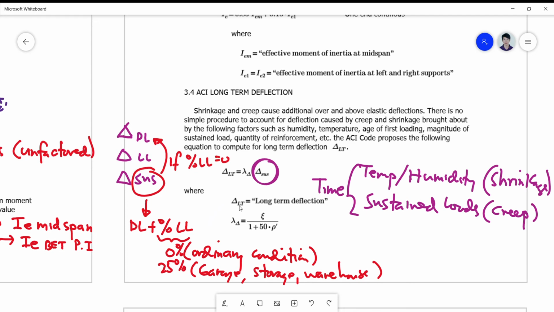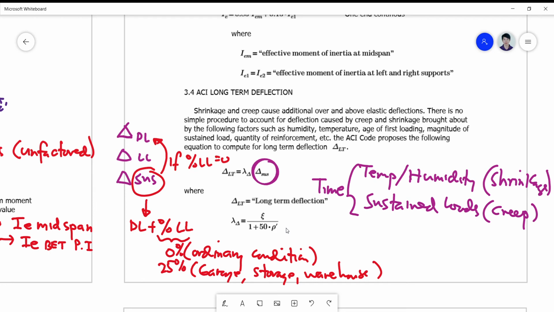So for delta LT, which is the long-term deflection, we simply multiply delta sustained with a factor lambda delta, where lambda delta is simply a formula to handle the creep and the shrinkage effect.